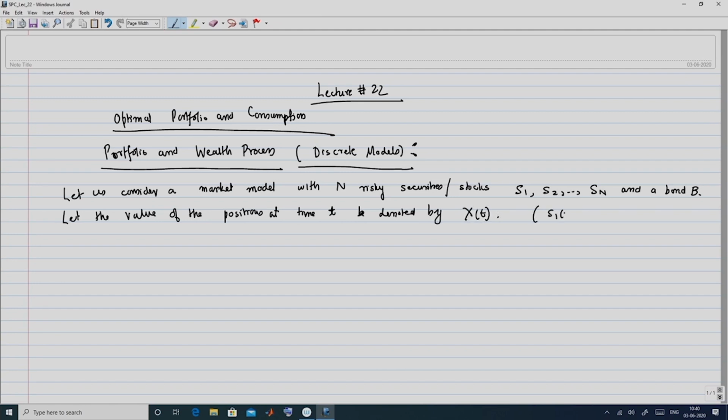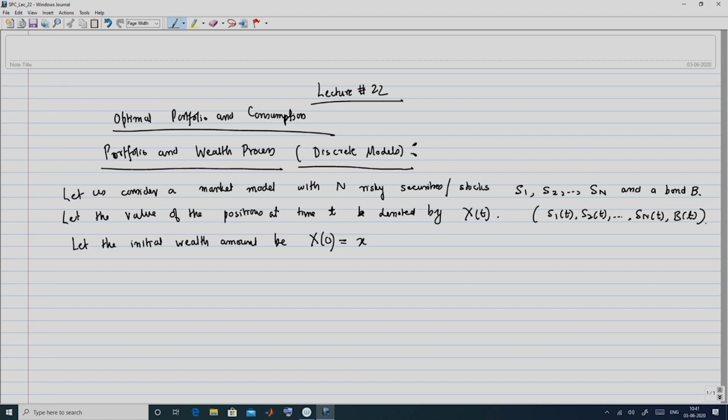So, this means I will have things like S1 of t, S2 of t, all the way to Sn of t and B of t. Further, the assumption is that the initial wealth level or amount be x of 0 is equal to some small x.